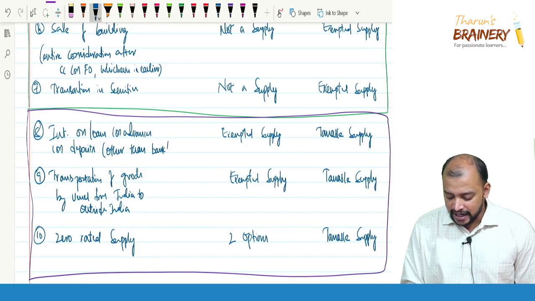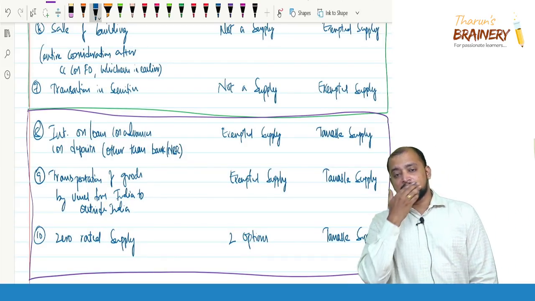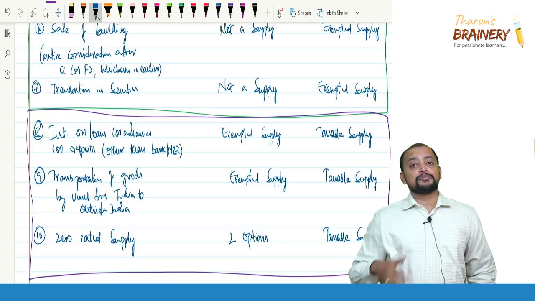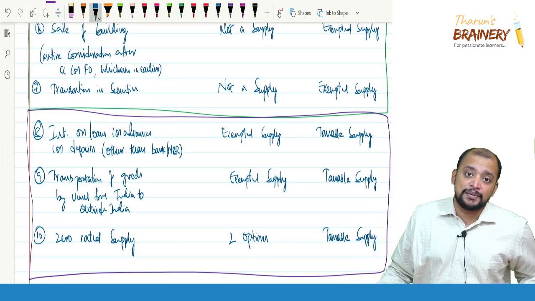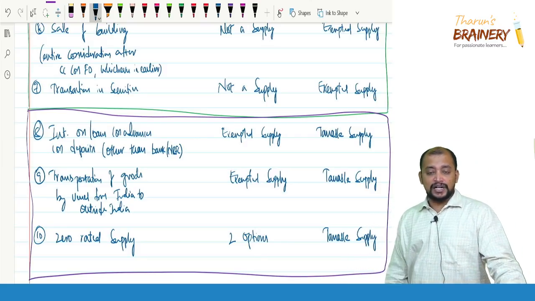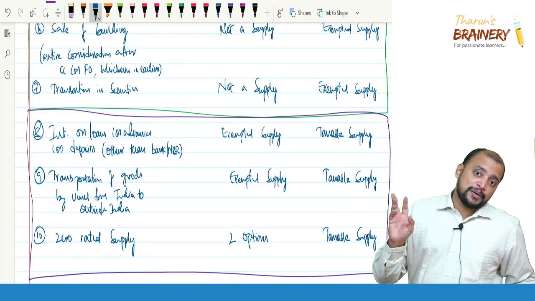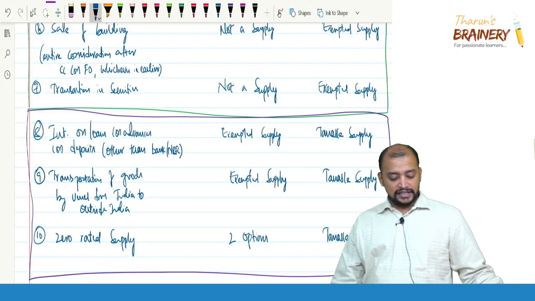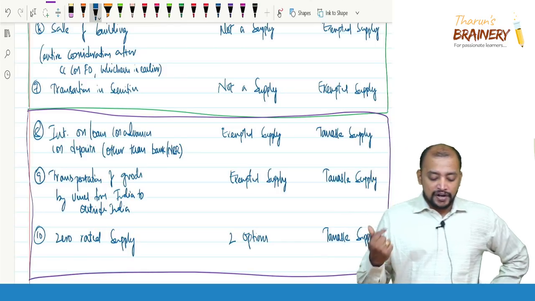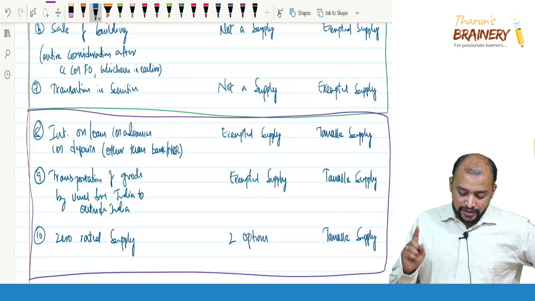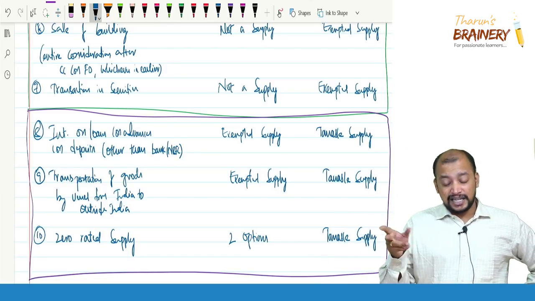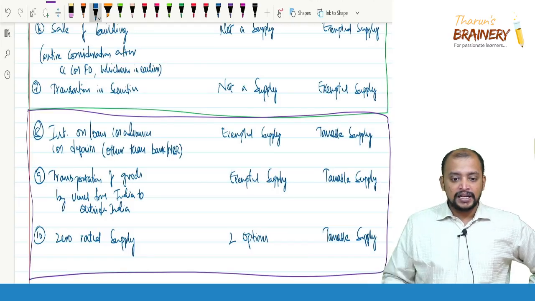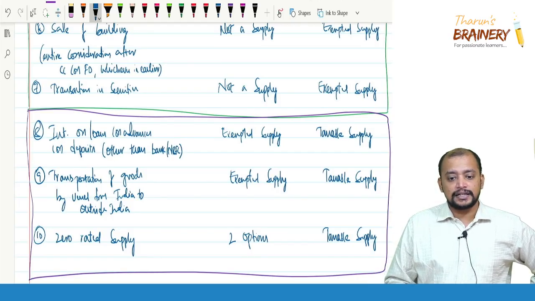For bank or NBFC, it will be treated as exempted supply both for payment of GST as well as for availment of ITC. For others, only interest on loans or advances or deposits other than bank or NBFC. Then anything else? That's it.